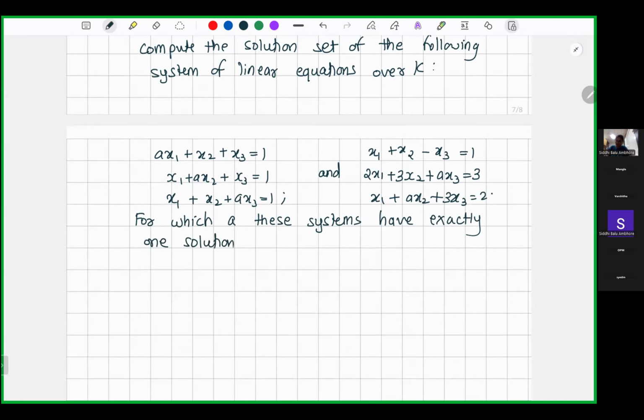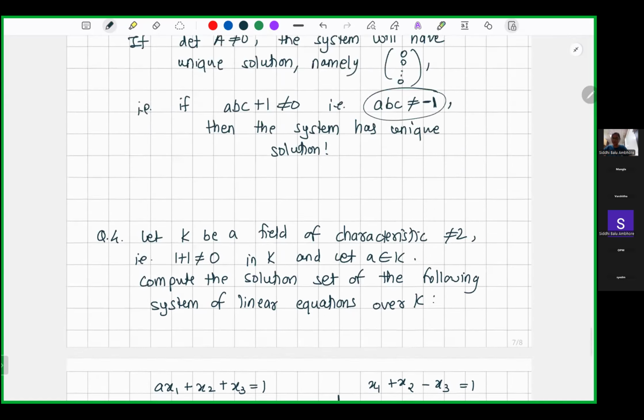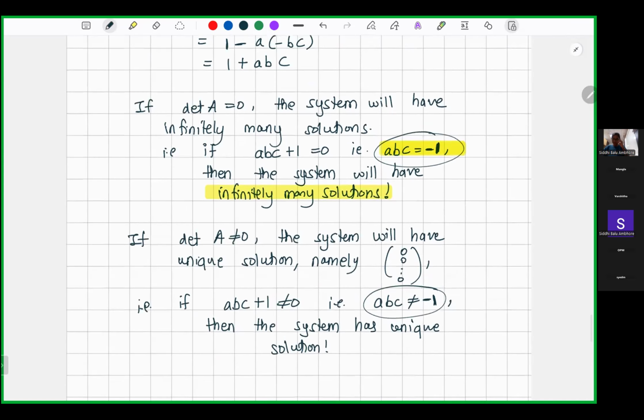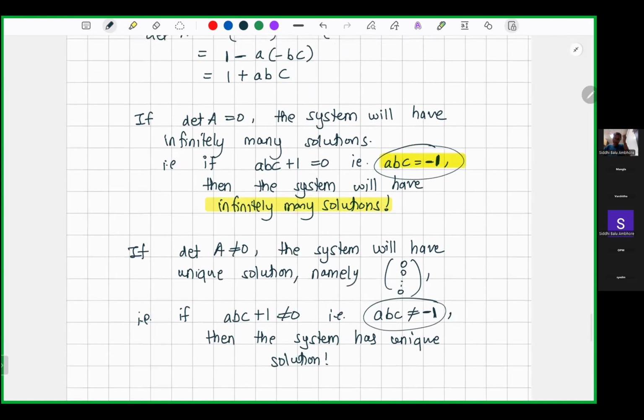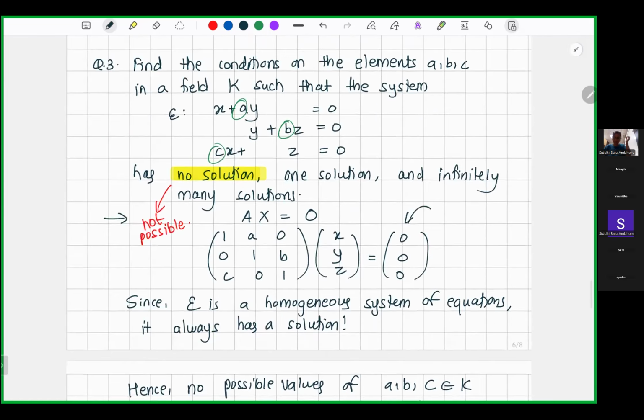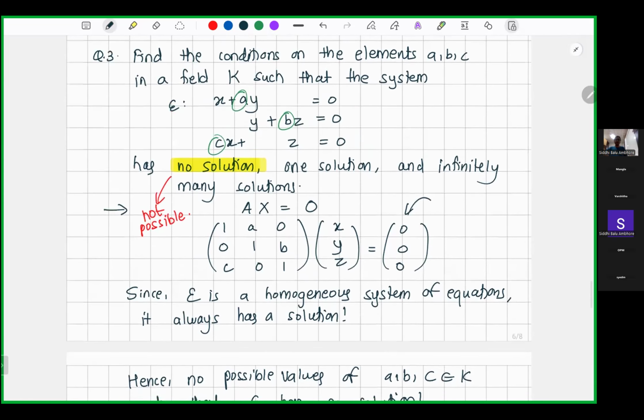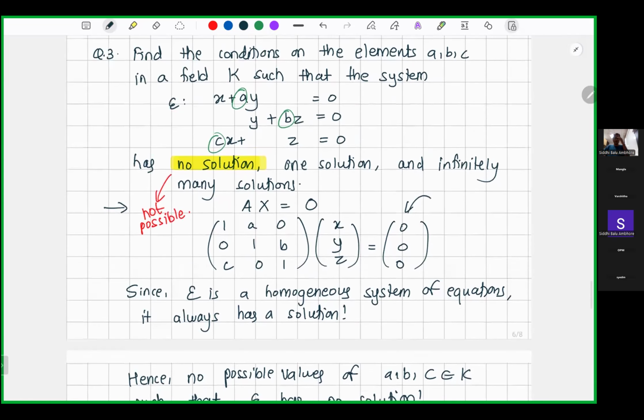When we say exactly one solution, can someone, ma'am, please explain again? No solution. Okay. Infinitely. Okay. So, for this question, I said that it is not possible to have no solution, because this is a homogeneous system of equations.